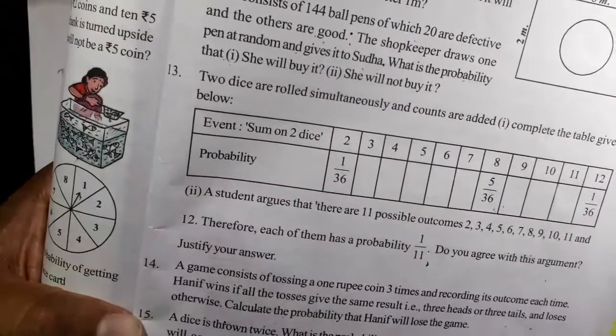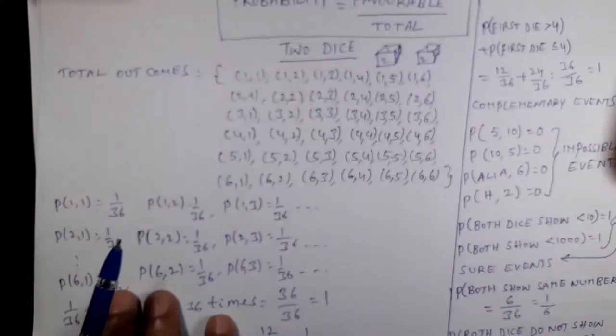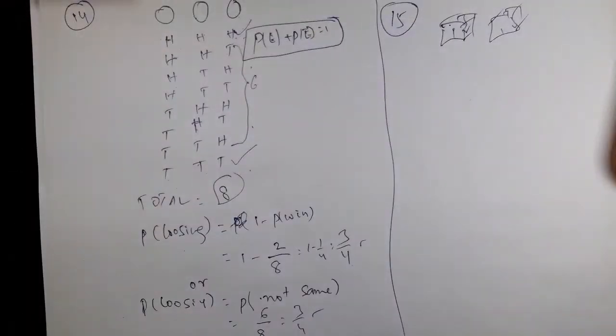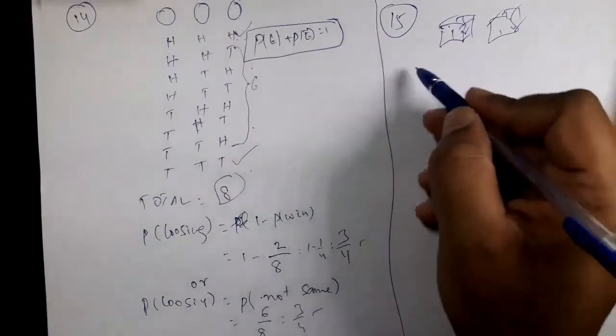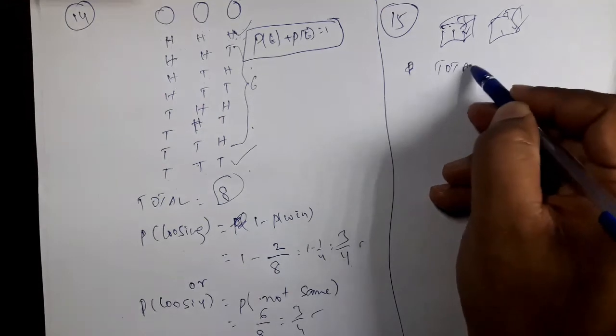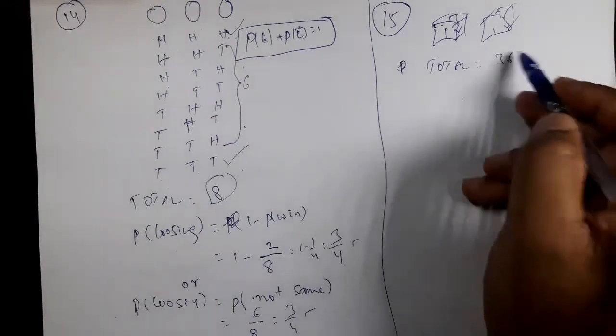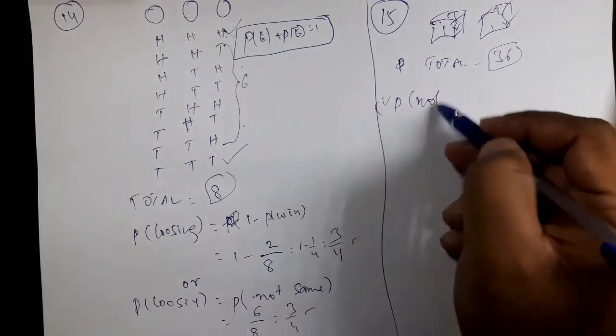The question here is, what is the probability that 5 will not come up either time? Throwing 2 dice at a time, or throwing 1 die 2 times, gives the same results. The total number of outcomes is 36.